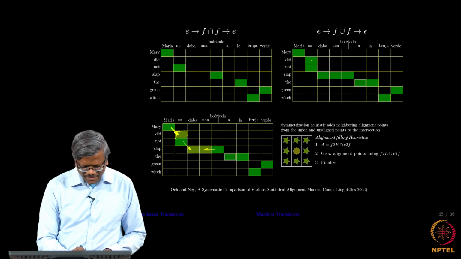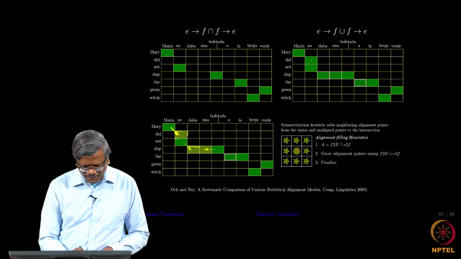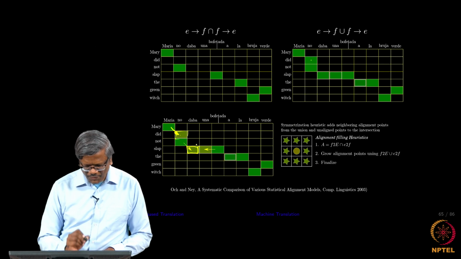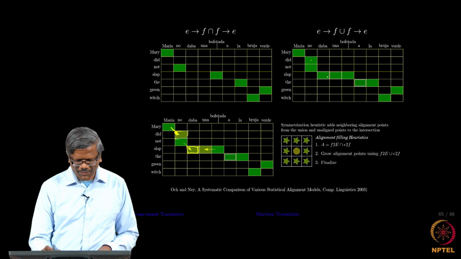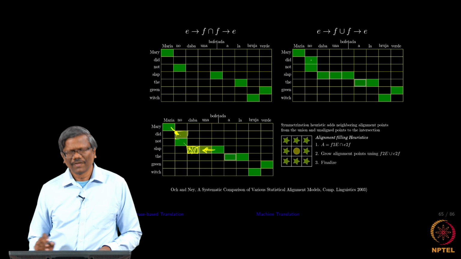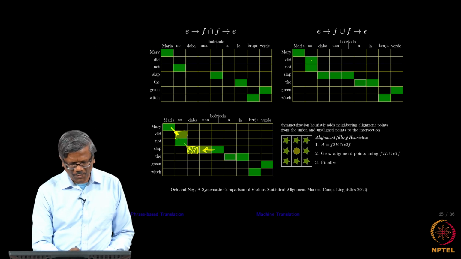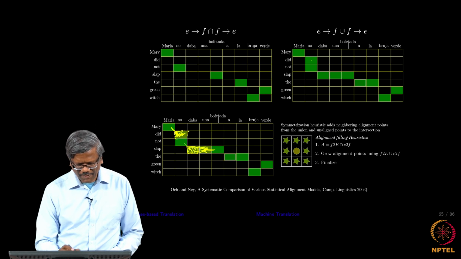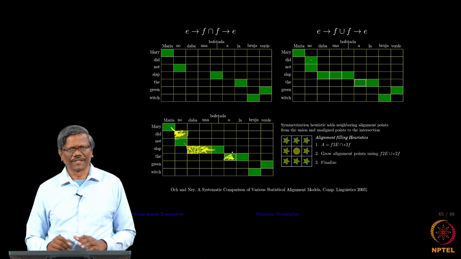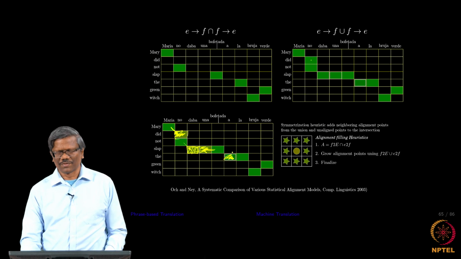In the same fashion, when you come to this point, you will find out whether there is an alignment that is available in the union. So, you grow it, and then from here also you fill this point. So, in this fashion you fill these 2 points, this point and this point using the symmetrization process.